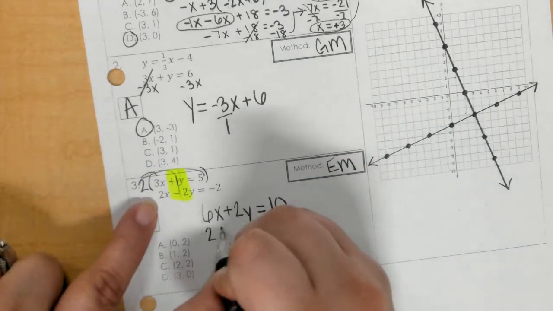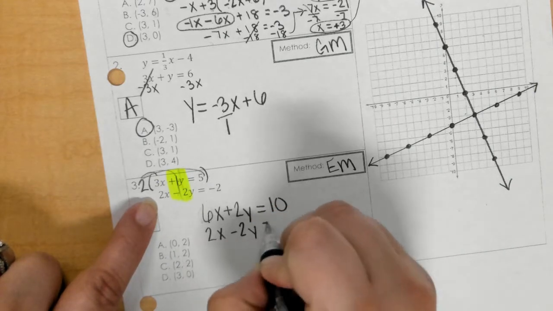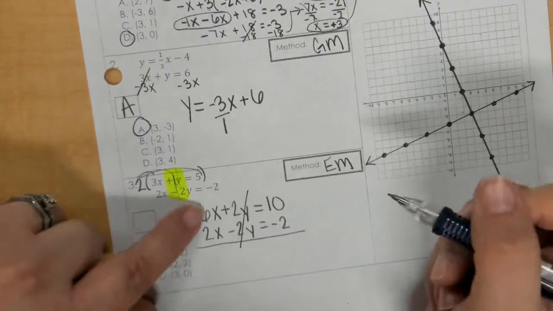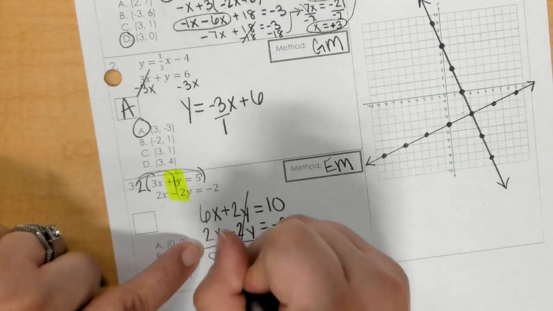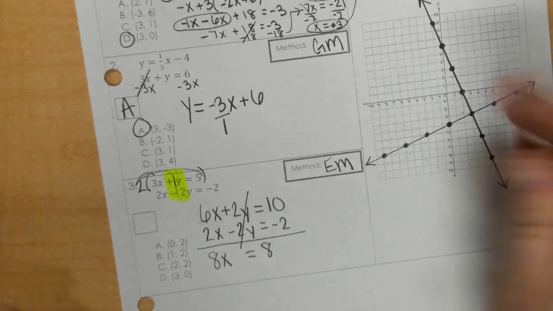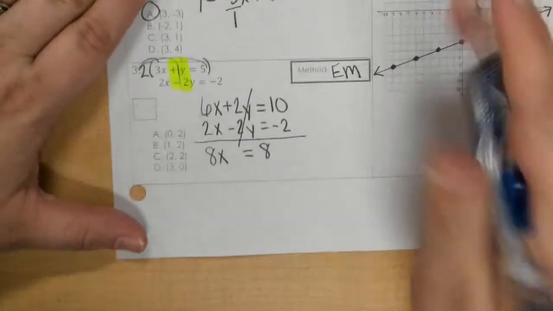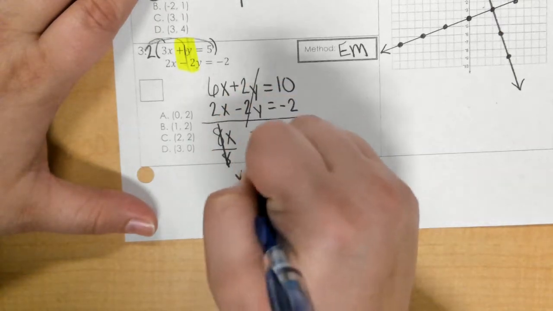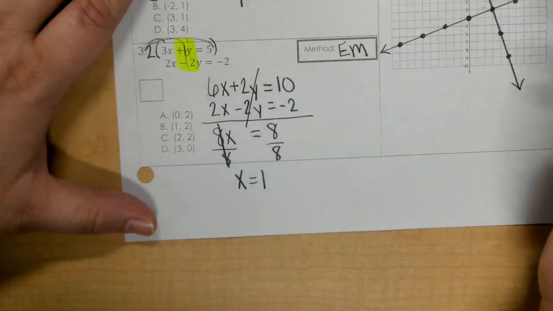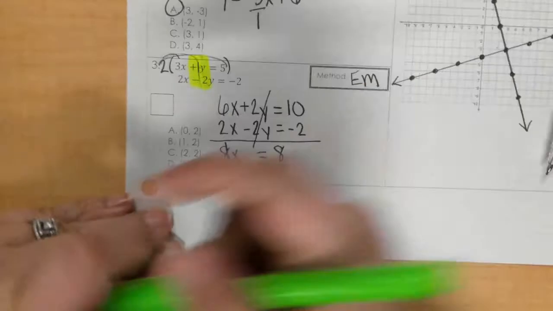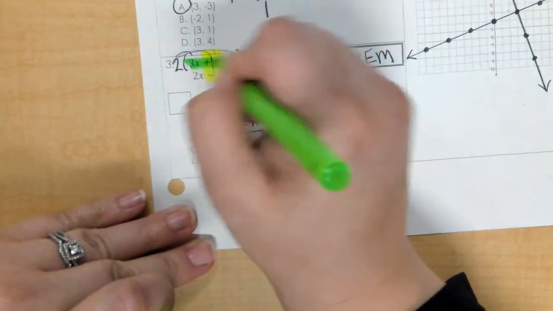Bottom equation stays the same. Cancel, and we get 8x and 8. If I divide by 8, x is 1. Then I'm going to choose to use the top equation because it's more positives.